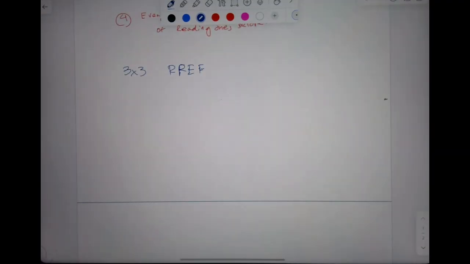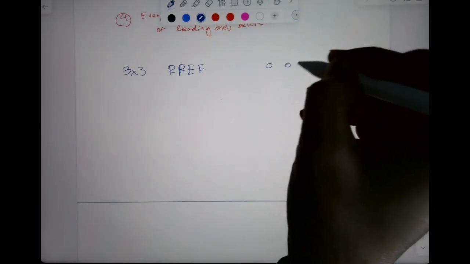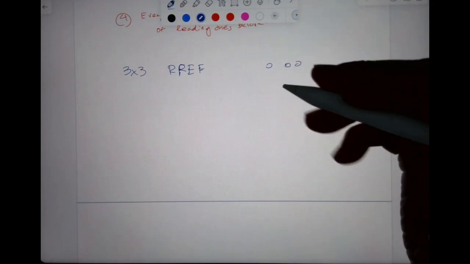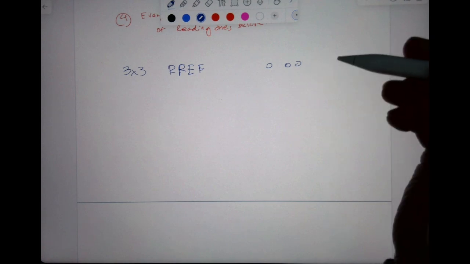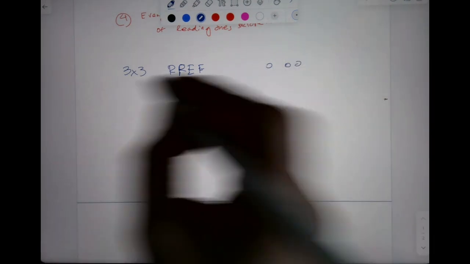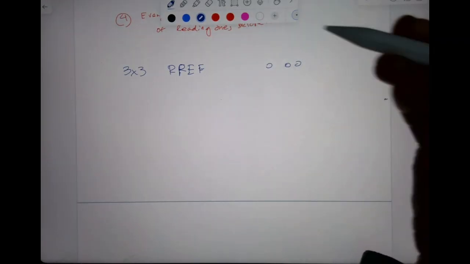So one thing is obvious. When I have rows of all zeros, that's three zeros, this has to be on the bottom. And then basically having rows of all zeros restricts the number of leading ones. So most people do it according to that, or rather the opposite of that.